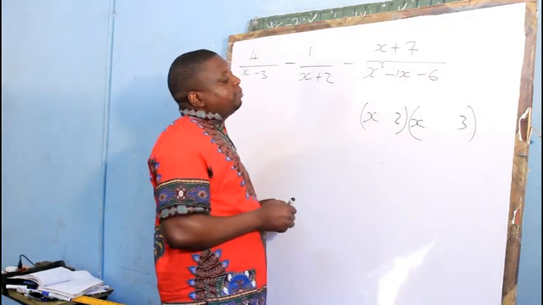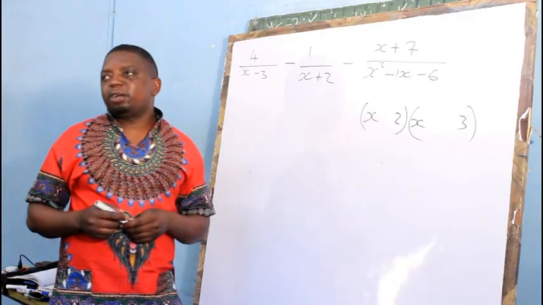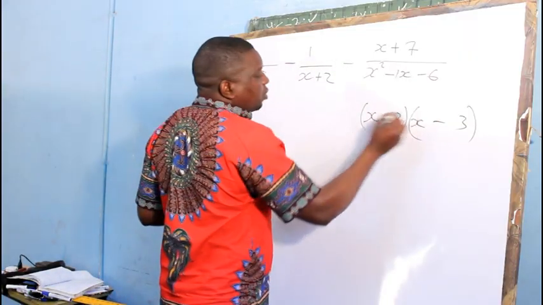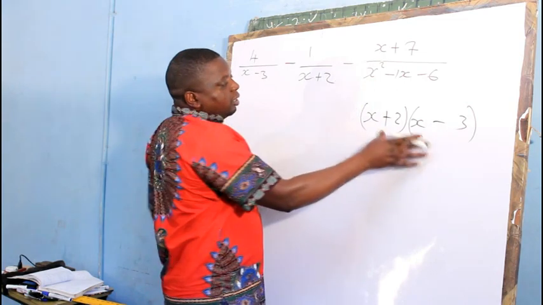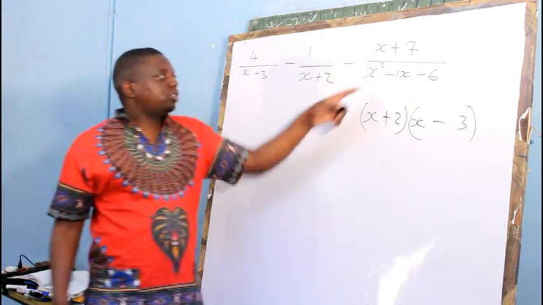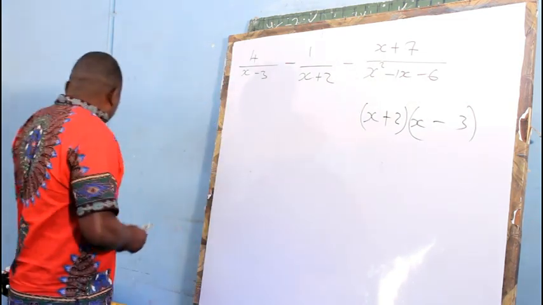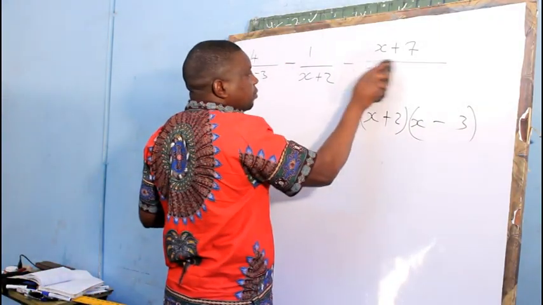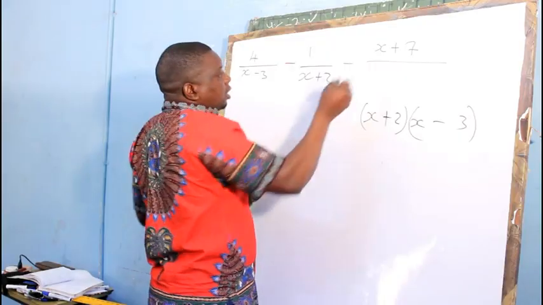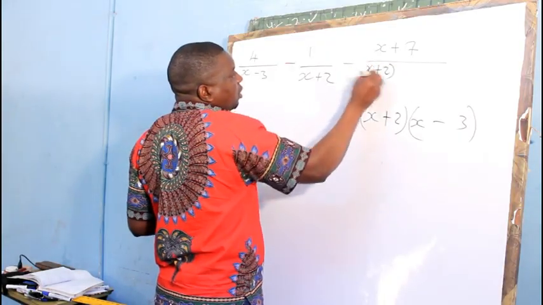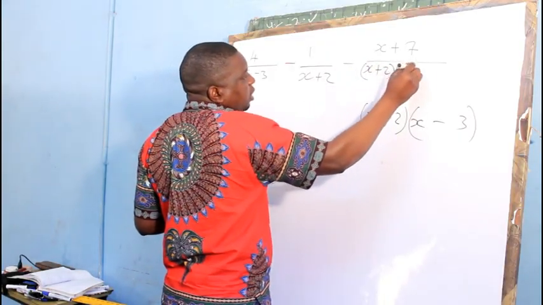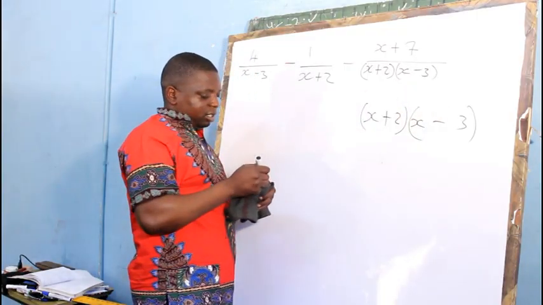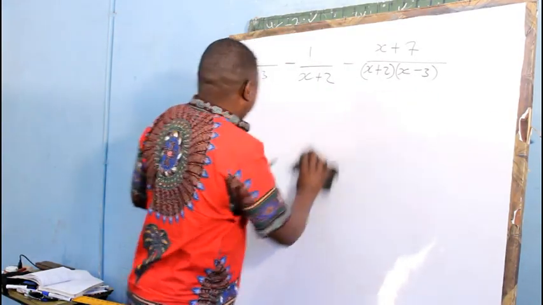They are of different signs and the bigger factor takes the sign of the middle term. So we have minus 3 and plus 2, giving x plus 2 factor of x minus 3. All together. Yes.